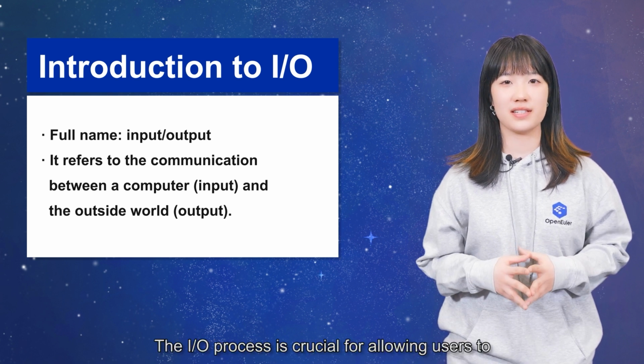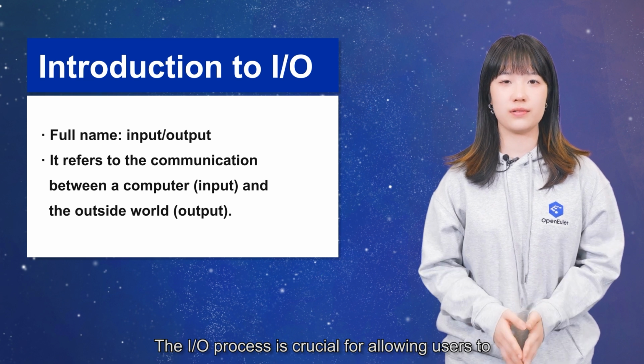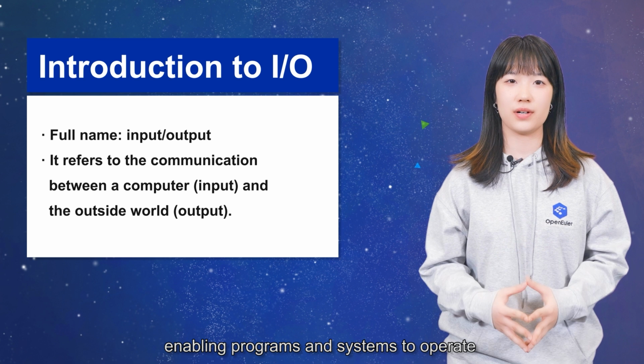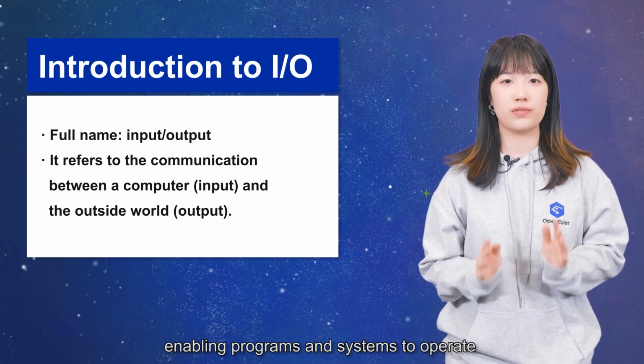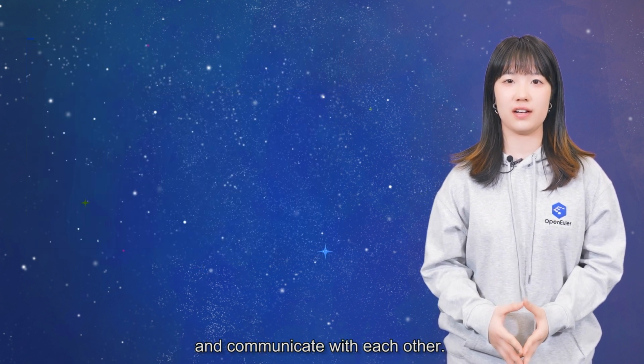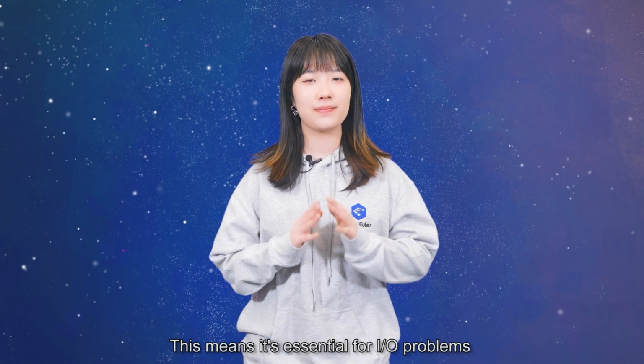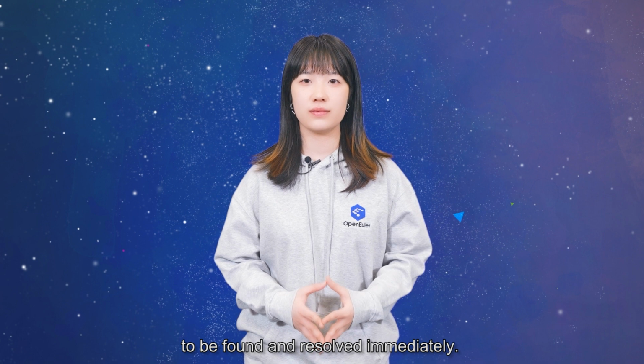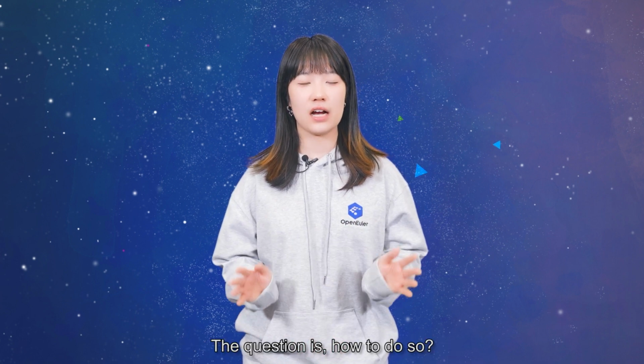The I/O process is crucial for allowing users to interact with the computer and for enabling programs and systems to operate and communicate with each other. This means it's essential for I/O problems to be found and resolved immediately. The question is how to do so.